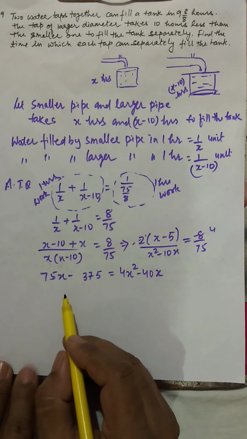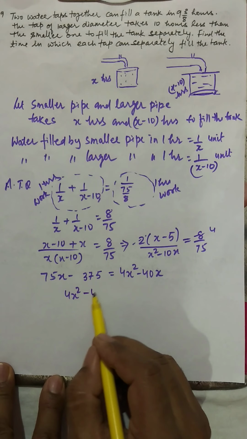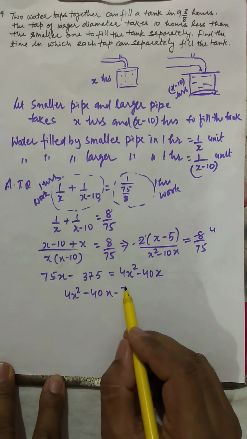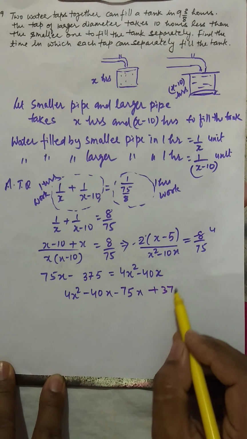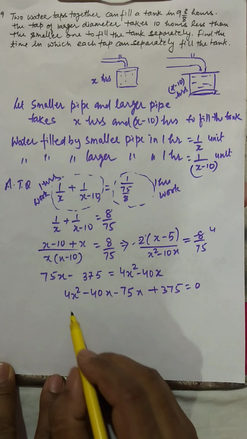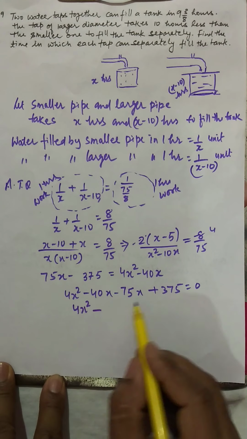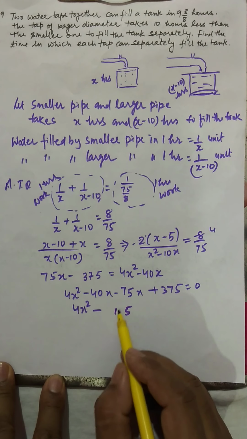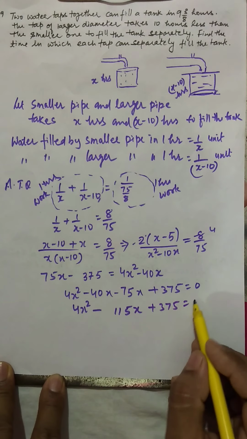Now I'm simplifying this, 4x square, minus 40x, and you bring this to this side, this is minus 75x, and this will become plus 375, equal to 0. So this is now 4x square minus 115x plus 375 equal to 0.